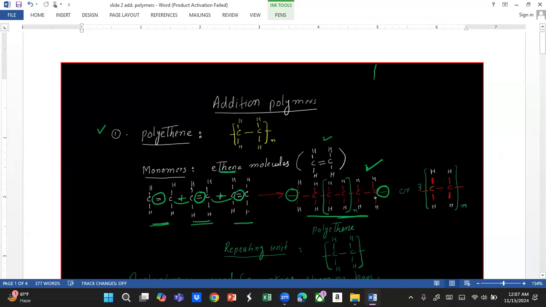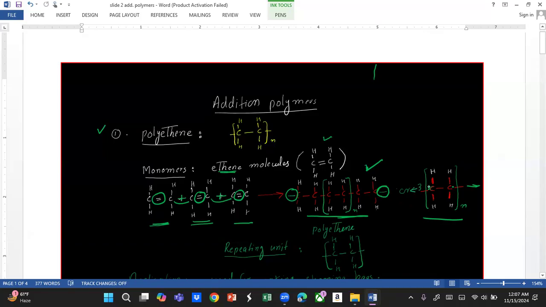This polymer can also be written like this. Just put 3 here and show one monomer, remove the double bond and make the site empty. On this carbon an electron is available, and here an electron is available. So it can proceed in both directions like this and like this.